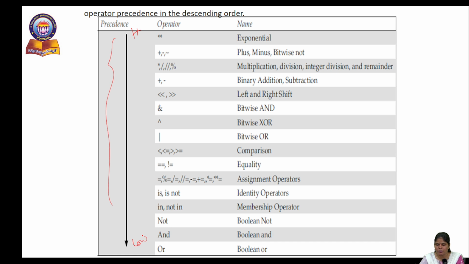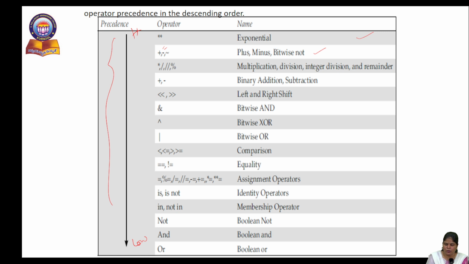The highest precedence operator is exponential notation. If we have an expression with exponential notation, the first preference is given to it. Then we have the unary minus and plus, meaning the signs, and the bitwise NOT, as the second precedence.